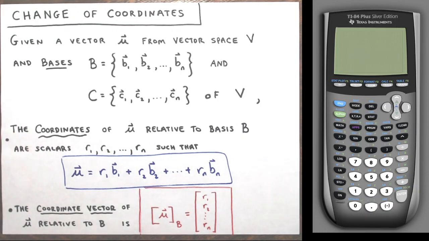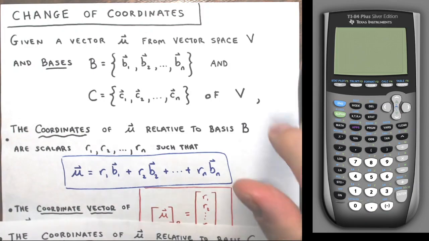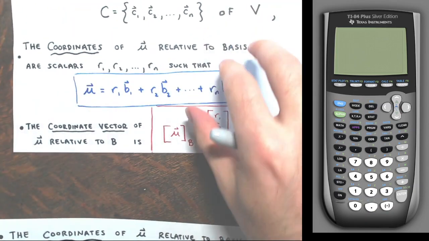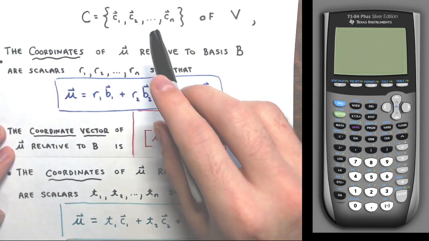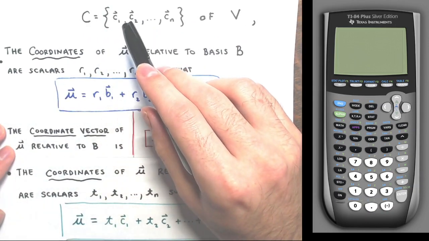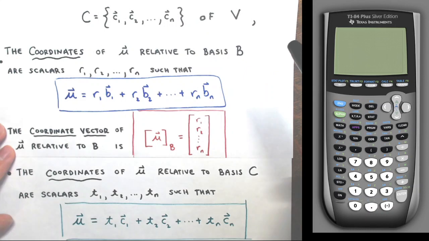And then similarly, I have defined the coordinates relative to C. Just change B to C and r1 through rn to t1 through tn. I've got the same definitions here for the coordinates of u relative to basis C, with vectors c1 through cn in it.